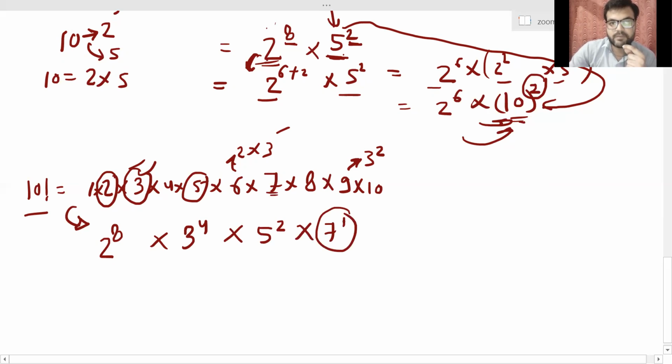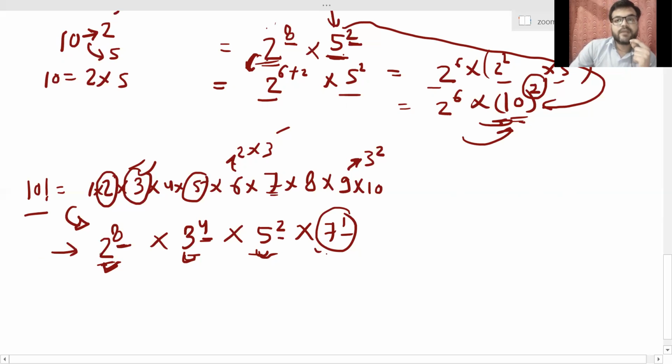We have got only 1 7. So you can see very clearly that with the increasing value of prime number, its power is decreasing. You can see the value of prime number is increasing, 2, 3, 5, and 7, and its power is decreasing, 8, 4, 2, and 1.